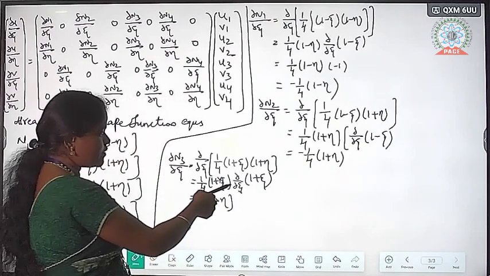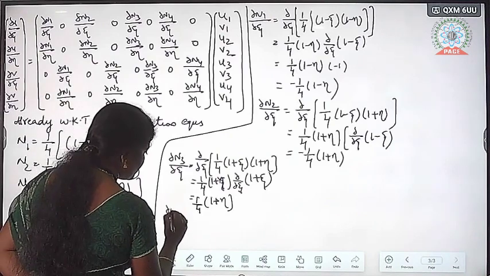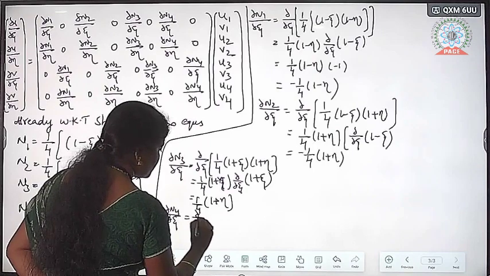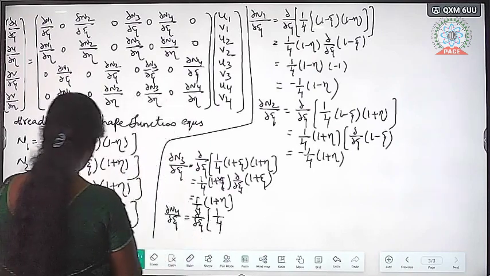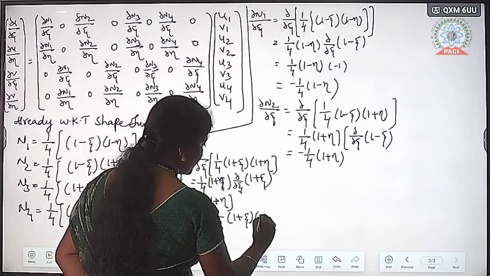Similarly, dou N4 by dou xi is equal to dou by dou xi of 1 by 4 into shape function N4, (1 plus xi) into (1 minus eta).